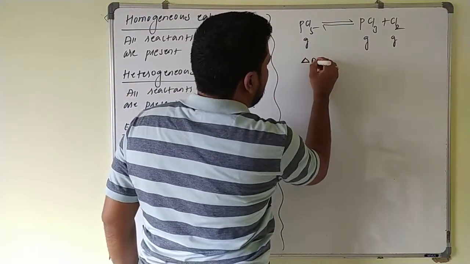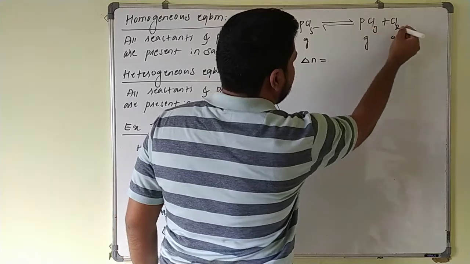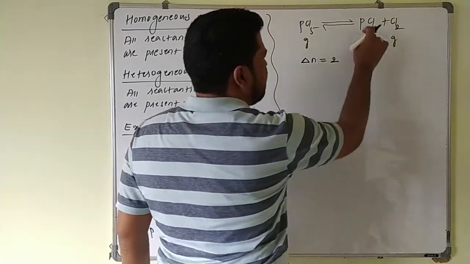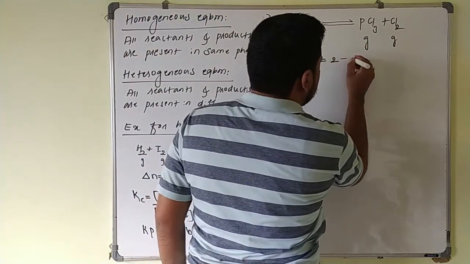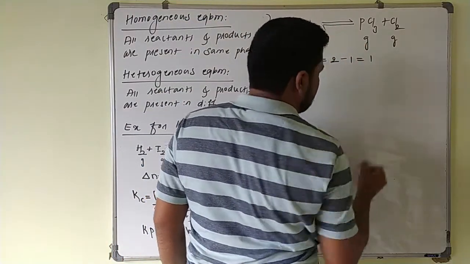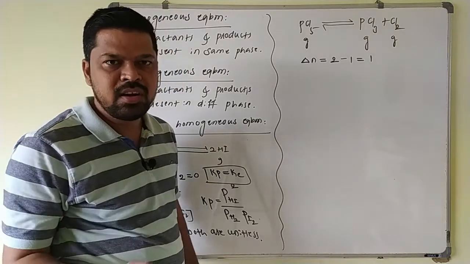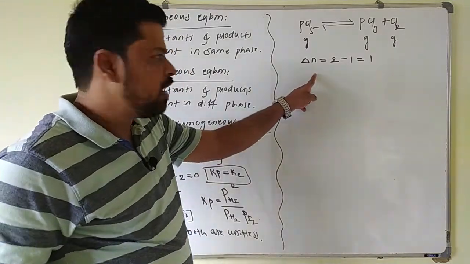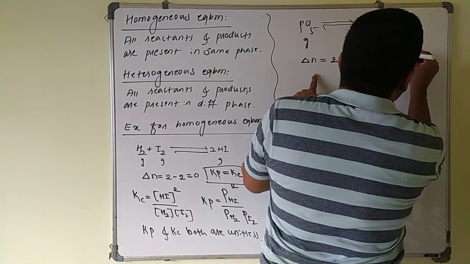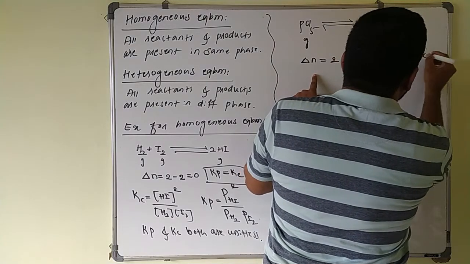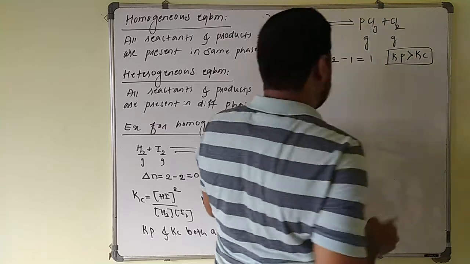The number of moles of gaseous product is 2, with 1 mole each, and the number of moles of gaseous reactant is 1. So delta n is 1, which is positive. For any reaction with positive delta n, Kp will be greater than Kc.